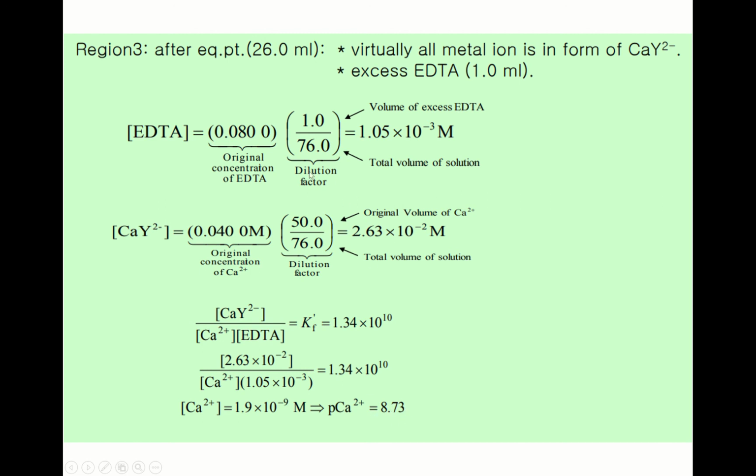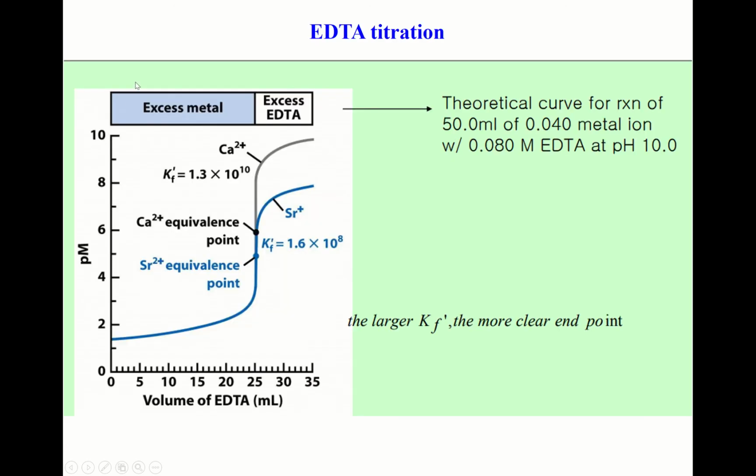Now let's look at this curve. The black line is the titration curve, and you do that kind of calculation all along the EDTA volume here. That is very cumbersome, a nuisance, and time consuming. But you'll see soon how we construct this titration curve for the metal-EDTA complex, just like in an acid-base titration curve.